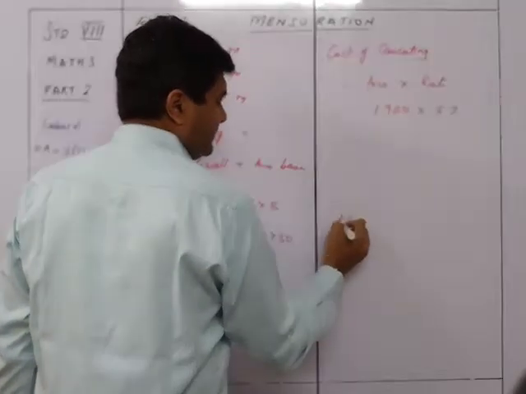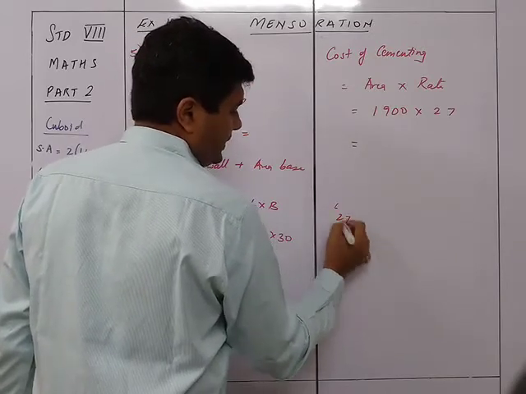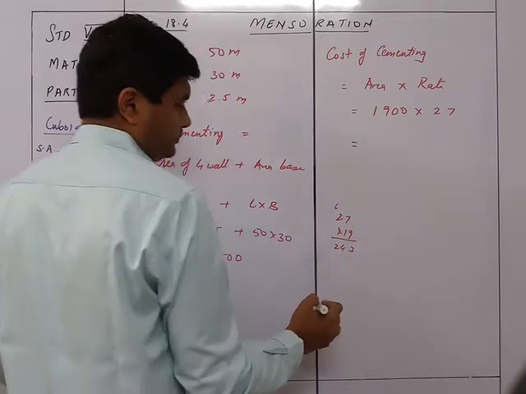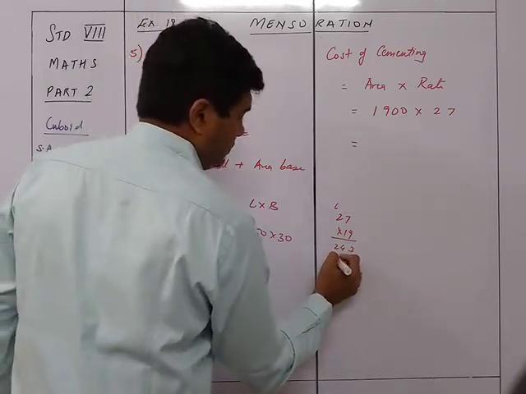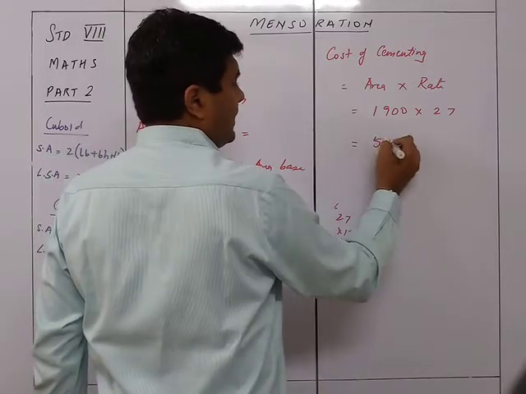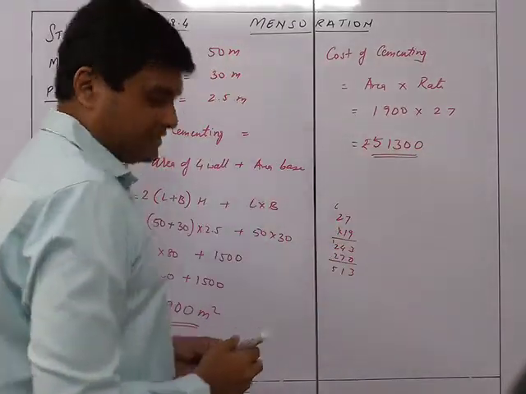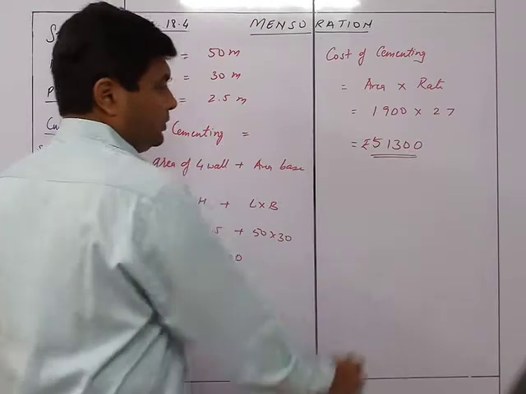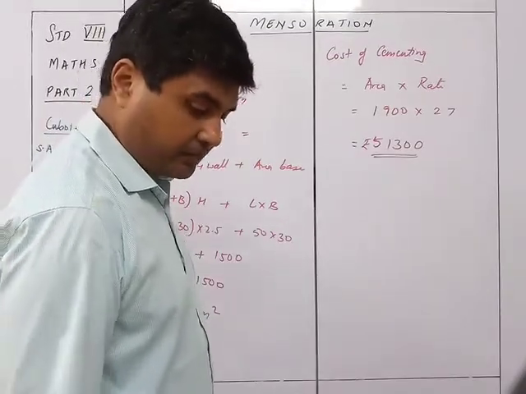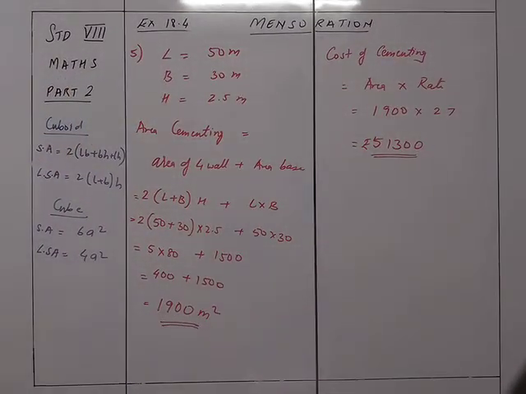So multiplying 27 into 19, 63, 9 2s are 18, 24, 072, 315. So it will be 51300 rupees. So the cost of cementing the swimming pool will be 51,300 rupees. Okay, that was sum number 5.